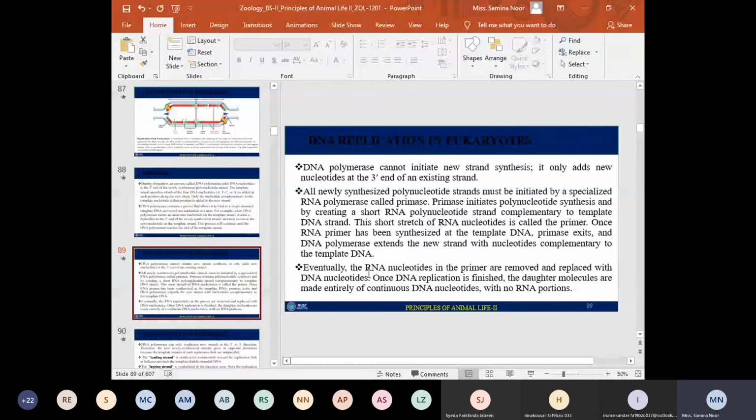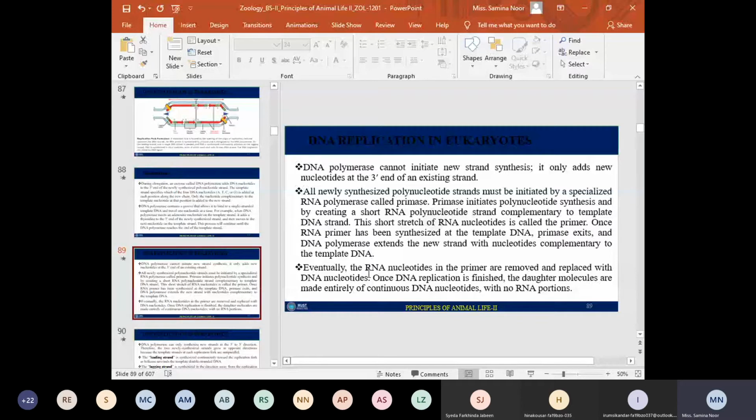As the DNA polymerase cannot initiate new strand synthesis, it always requires an existing strand, and this existing strand is known as the primer. This short chain of nucleotides is synthesized by the enzyme primase.